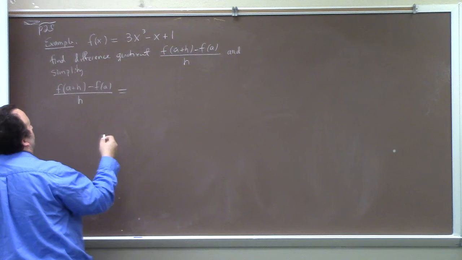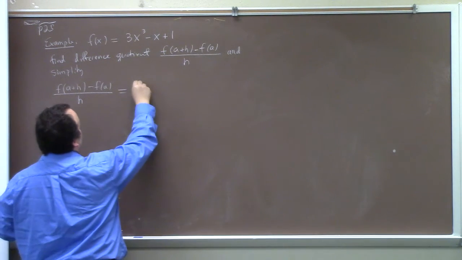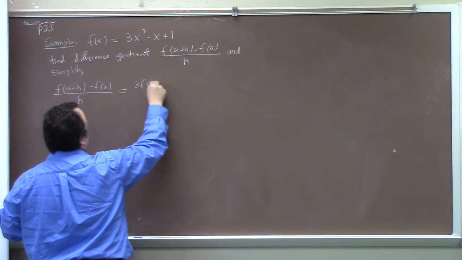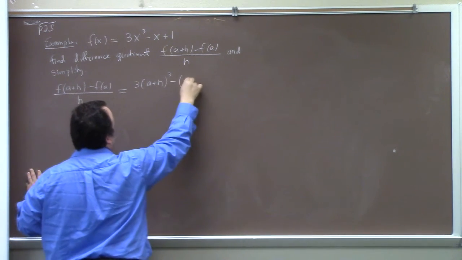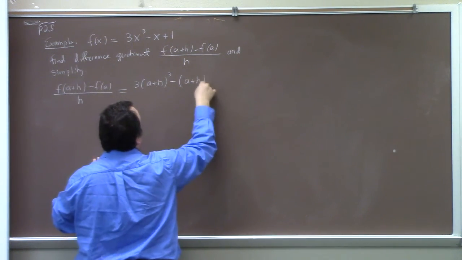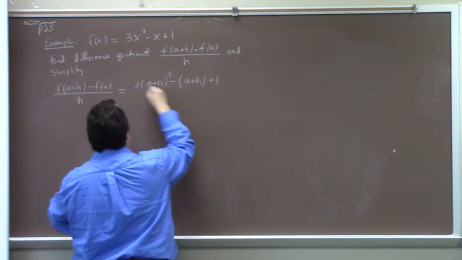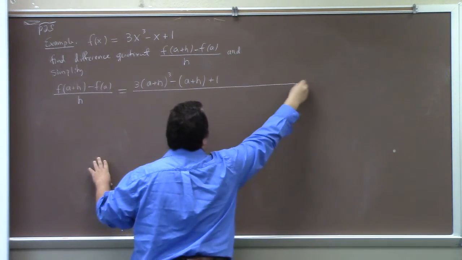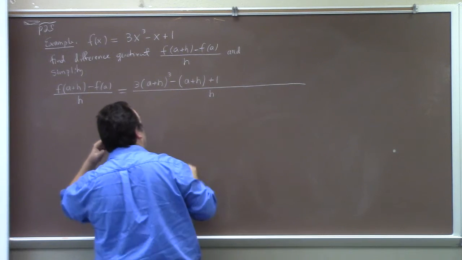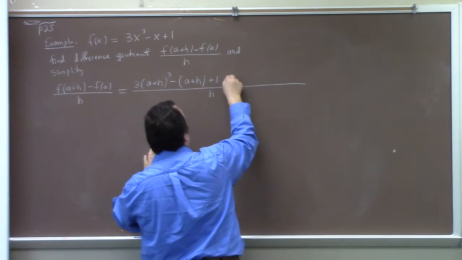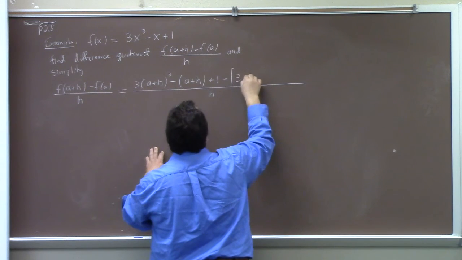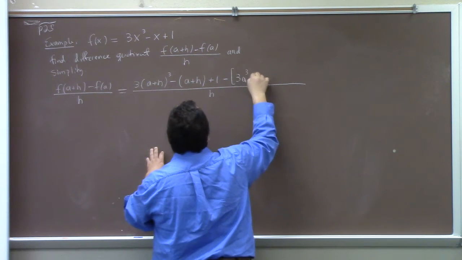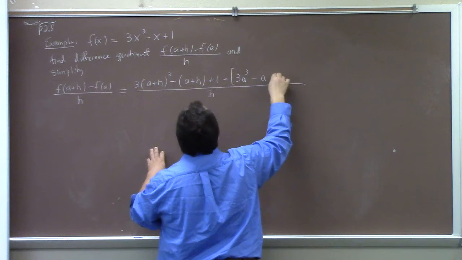Anyway, so this would be what? 3 times (a plus h) cubed, right? Minus parentheses a plus h plus 1, all divided by h. And then minus, I'm going to use some square brackets here, I have 3a cubed minus a plus 1.